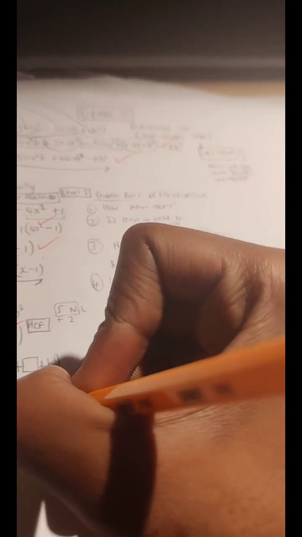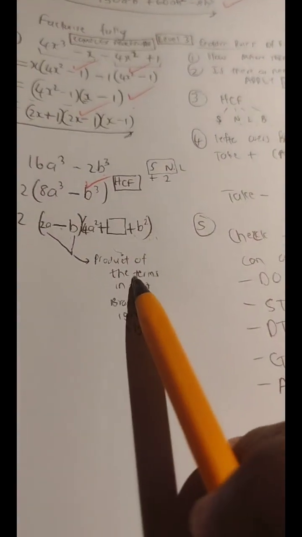Now, the trick is getting this middle term, right? And it's simply this: the product of the terms in your first bracket. And you just ignore the sign, guys. Ignore the sign. The product. What does product mean?